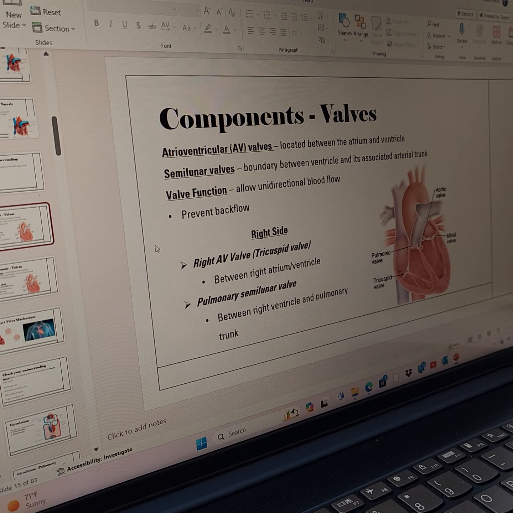And then valve function, allow unidirectional blood flow and prevent backflow. On the right side, you'll have right AV valve, also called the tricuspid valve. Between the right atrium and ventricle, and the pulmonary semilunar valve will be between right ventricle and pulmonary trunk.